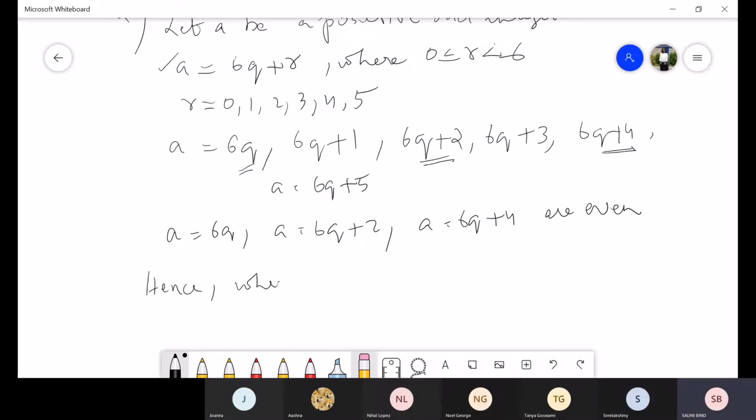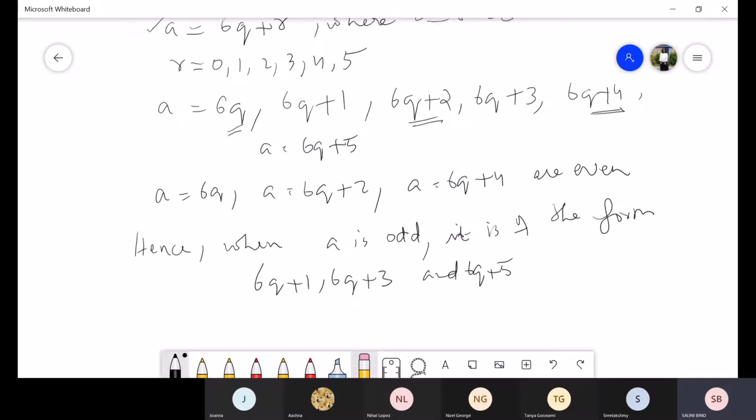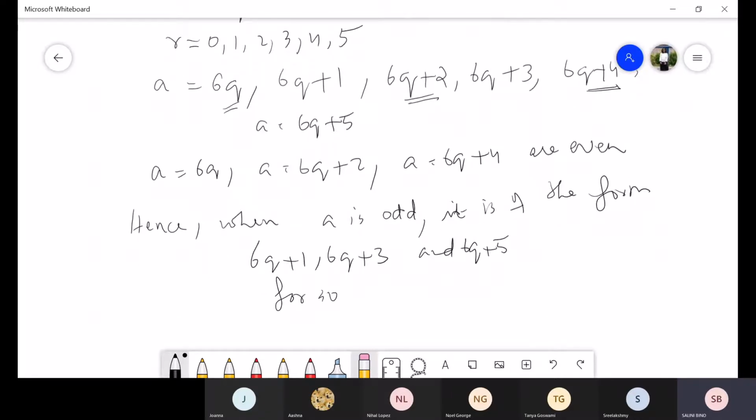Hence, when a is odd, it is of the form 6q plus 1, 6q plus 3 and 6q plus 5 for some integer q.